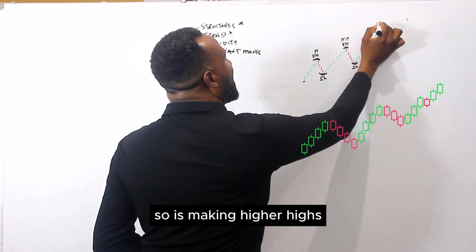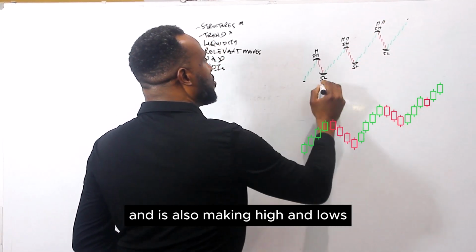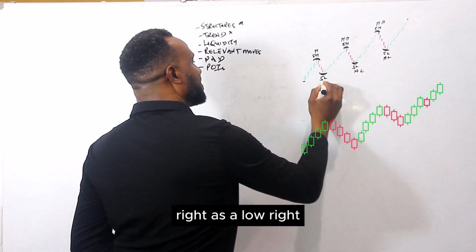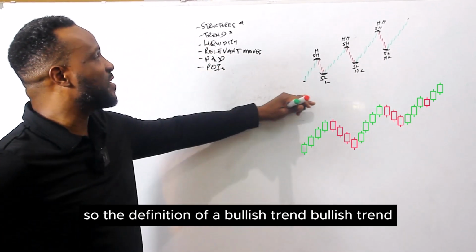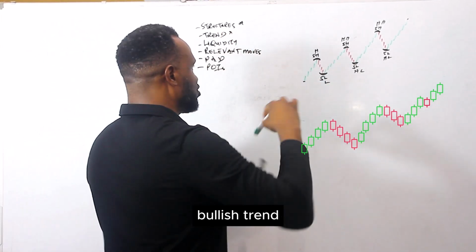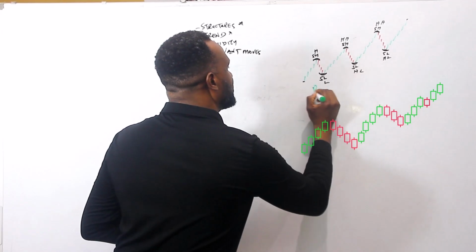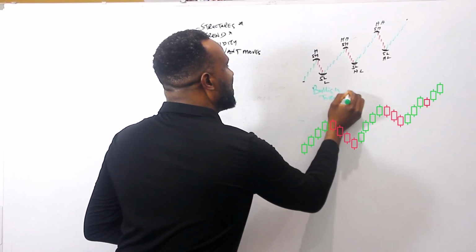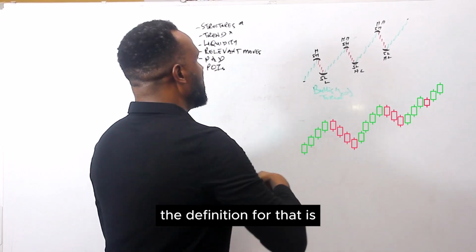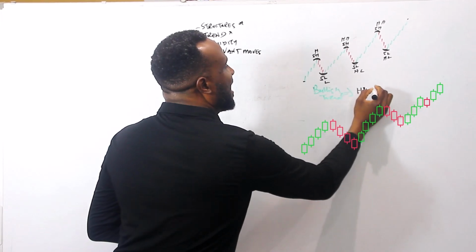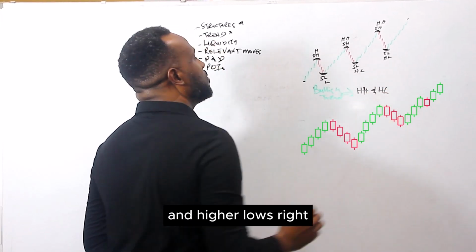So it's making higher highs and it's also making higher lows, right? That's a low. So the definition of a bullish trend is where price is making higher highs and higher lows, right?